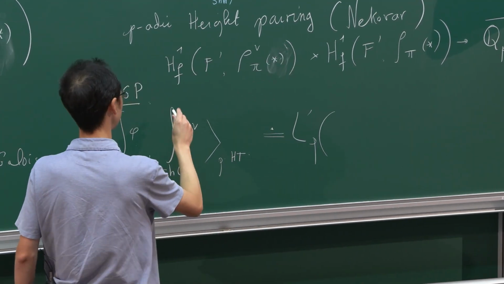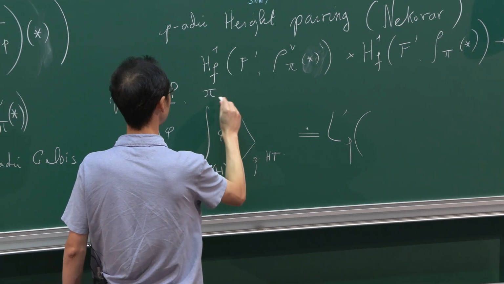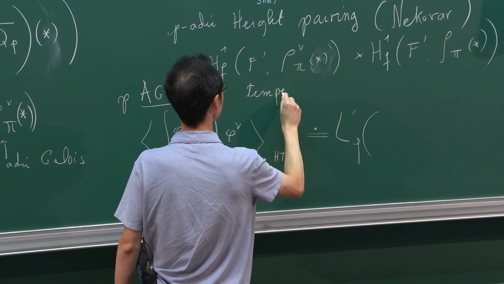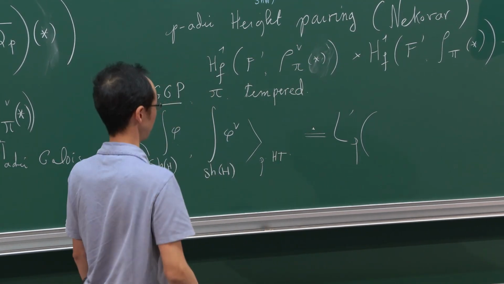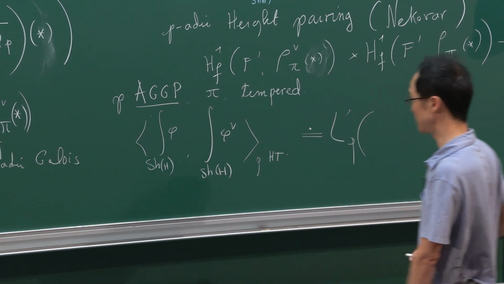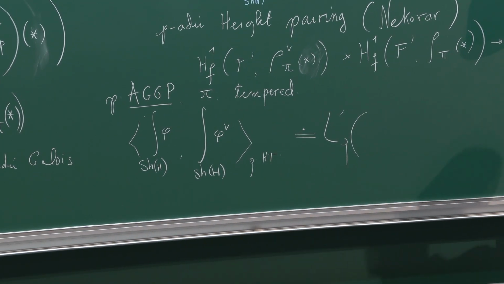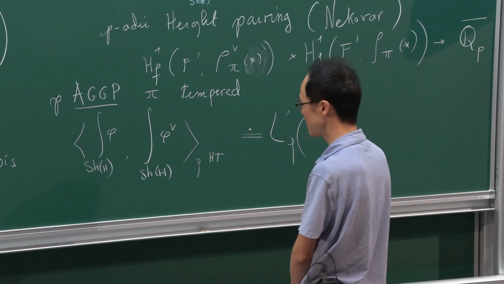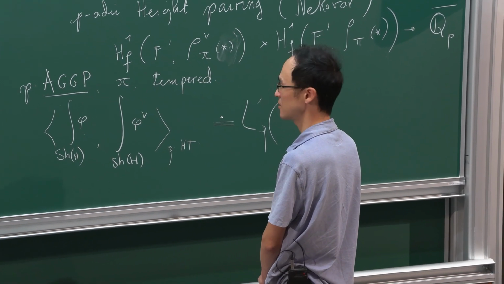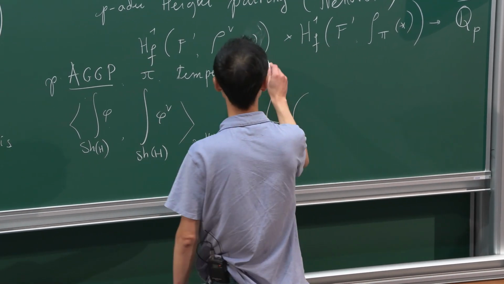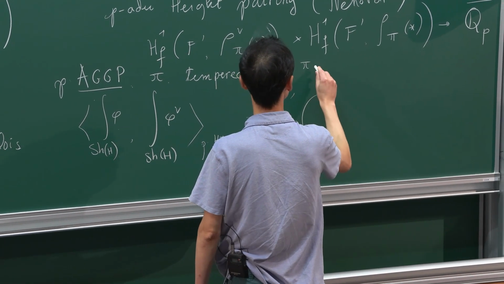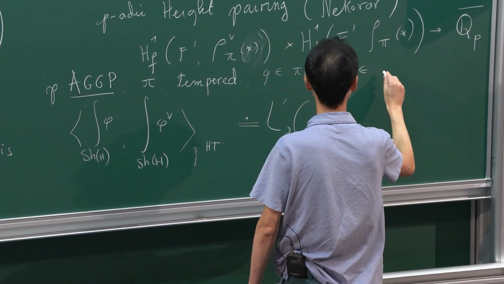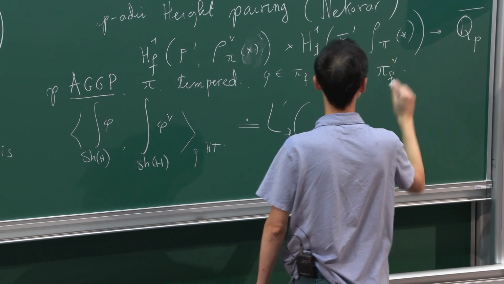So let me state it a little more carefully. Here let's assume pi is a cohomological, say tempered, automorphic representation of G, which appears in the cohomology. And suppose I chose a vector in pi finite part, and another vector in the contragredient.